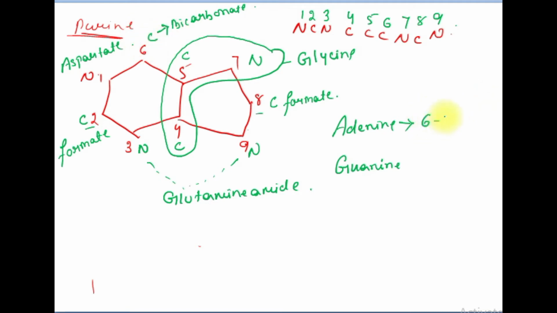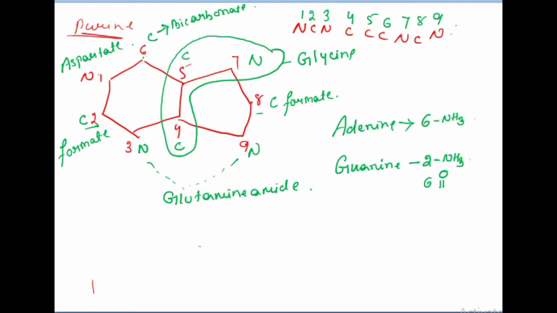In guanine, at the second position, NH2 is present, and at the sixth position, a double-bonded O is present.